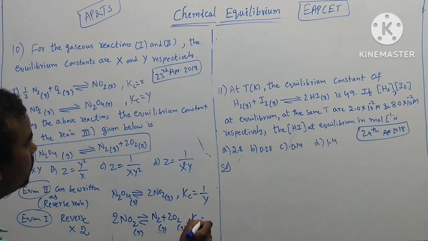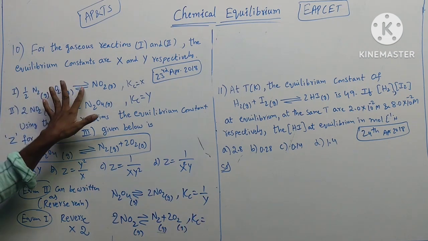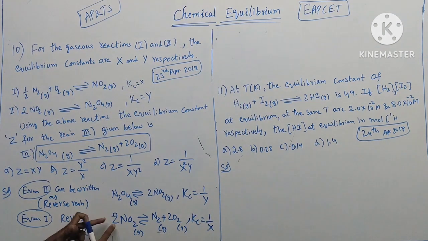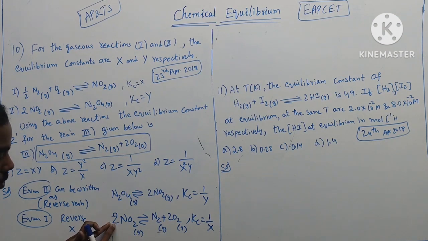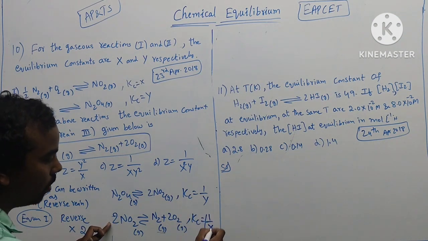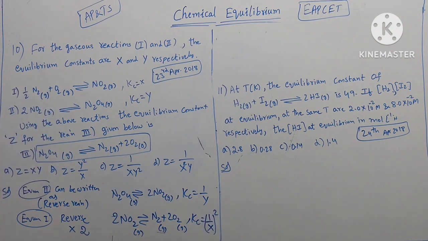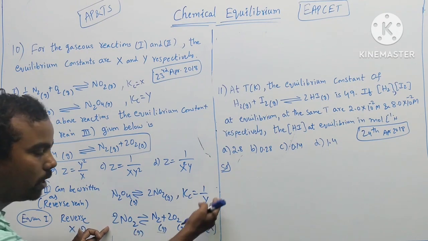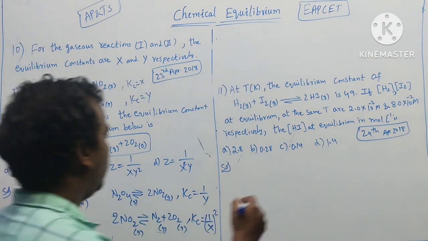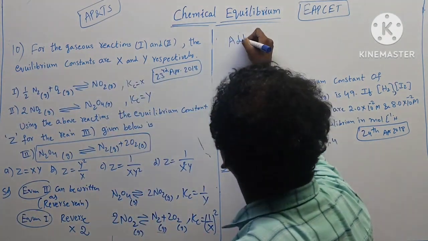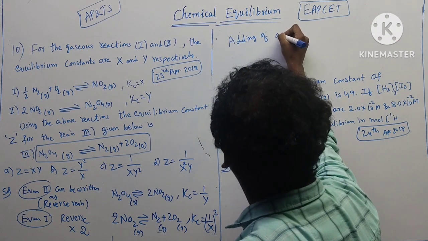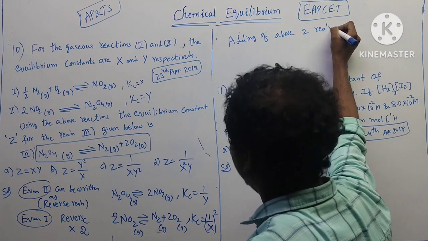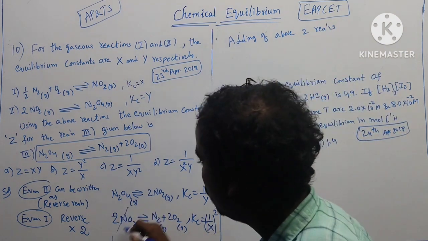So for this reaction, Kc is equal to, first for this reversible reaction, Kc is equal to 1 by X. It is multiplied by 2, which means this 2 comes to the power: 1 by X power 2. Understand? If 2 moles are there, 1 by X power 2. If 3 moles are there, 1 by X power 3. So then, adding the above two reactions, 2NO2 cancels.